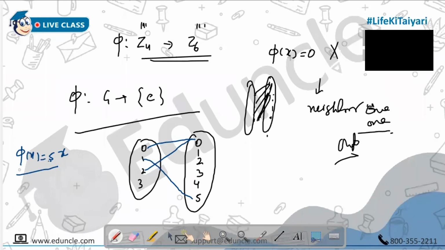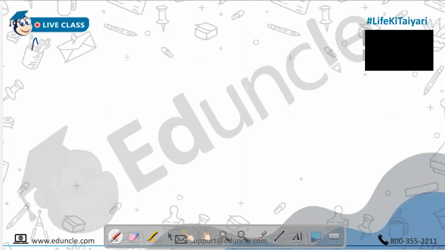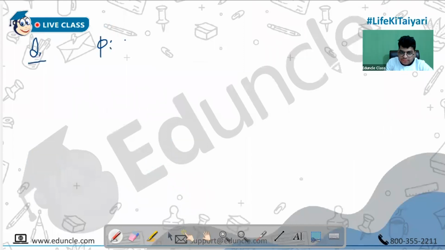Next question. Somebody asked: Z8 to Z4. Is there any onto homomorphism? Yes, onto maybe, because the right hand side is smaller. If the right hand side is less than or equal, there may be an onto homomorphism. But what are the onto homomorphisms?